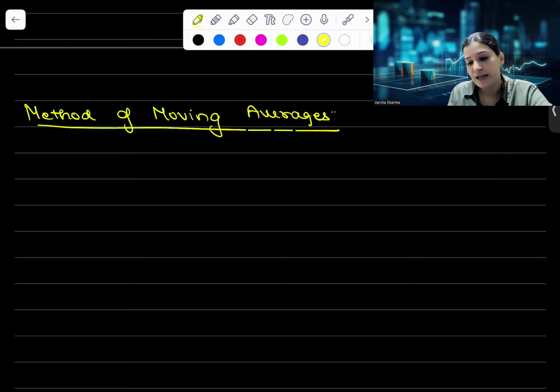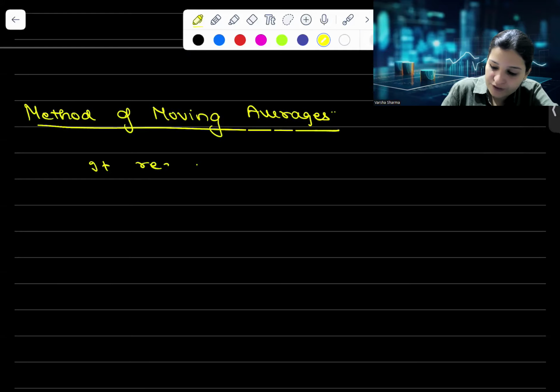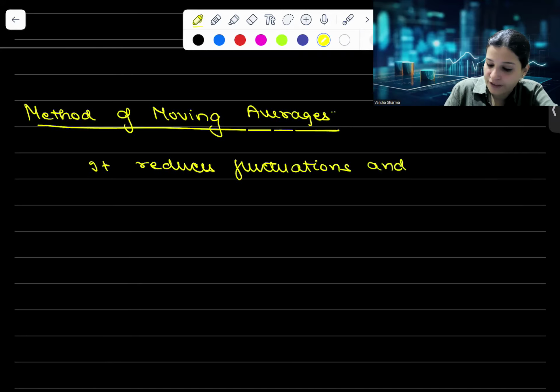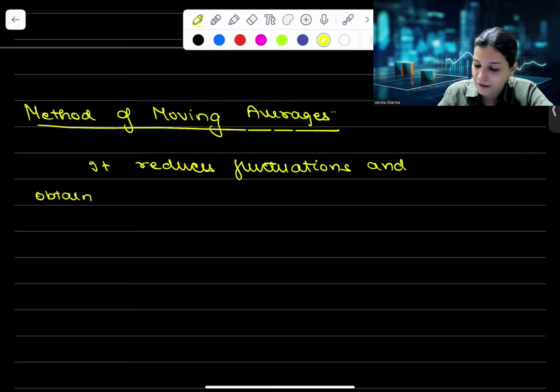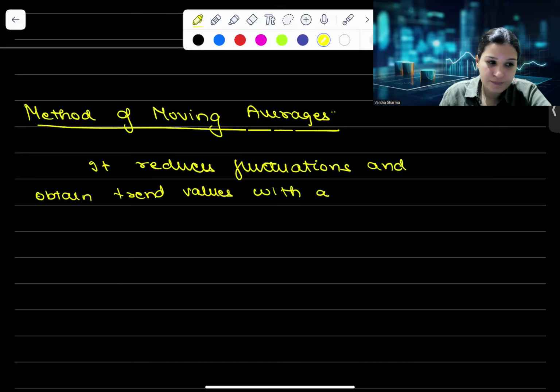It reduces fluctuations and obtains trend values with a fair degree of accuracy.